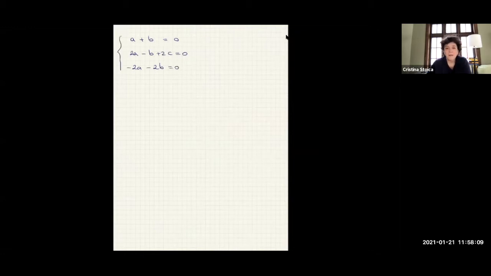If we write the dimensional analysis matrix, the A matrix from before, it would be attached to this linear system. It would be something like this: 1 1 0, 2 -1 2, -2 -2 0.